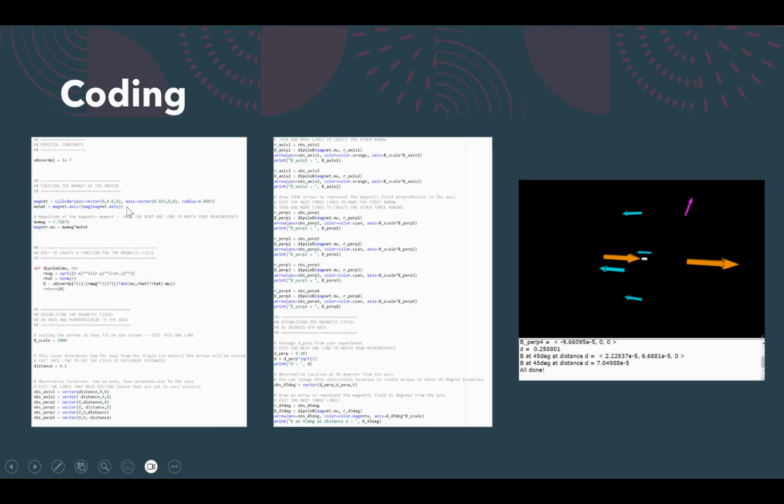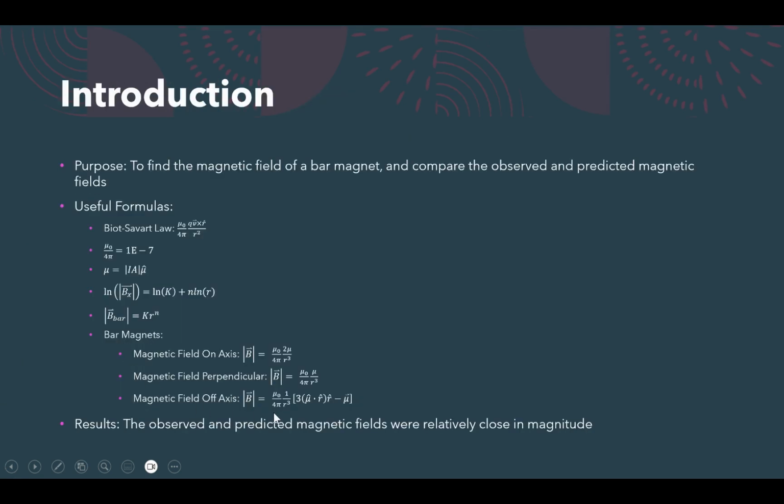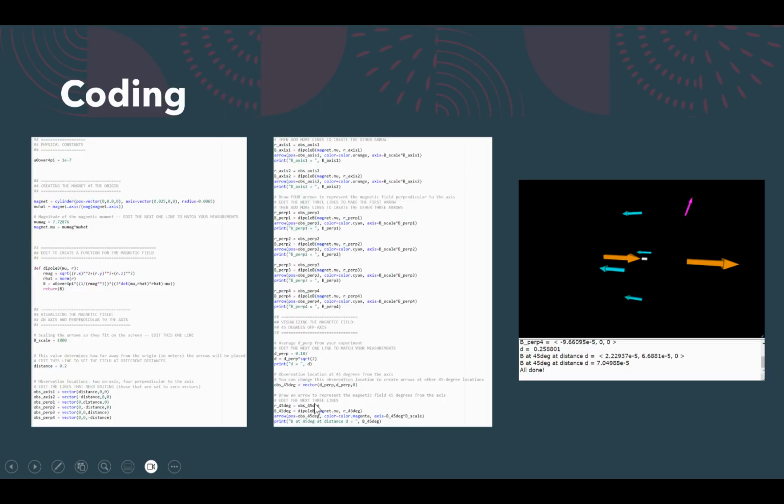So for the coding, this here is the formula that we're using in the code. It's the same as the magnetic field off axis all the way back up here. And then there are a whole bunch of arrows and observation locations.